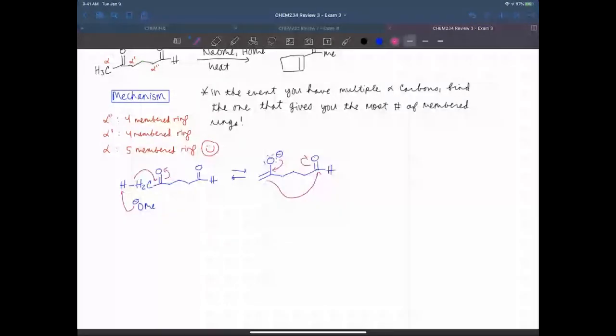Okay, and I get a 5-membered ring right here. And what I also have is, because I knocked out the aldehyde, this right here.